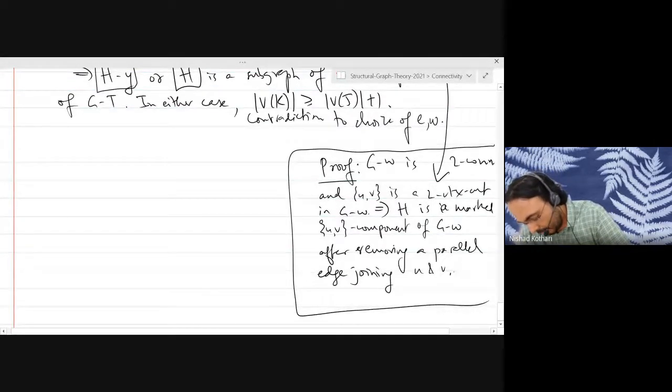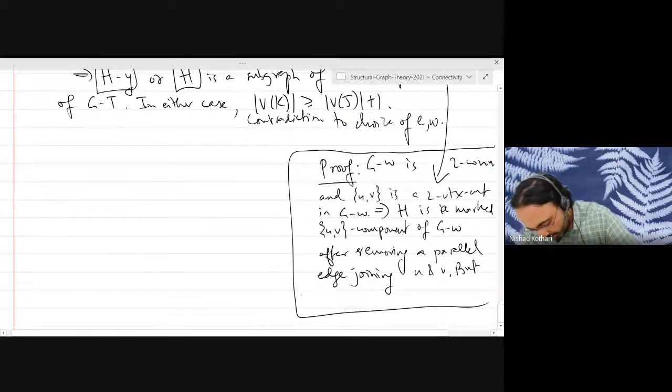But parallel edges do not affect 2 connectivity.